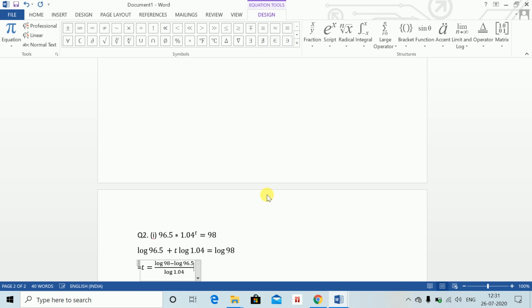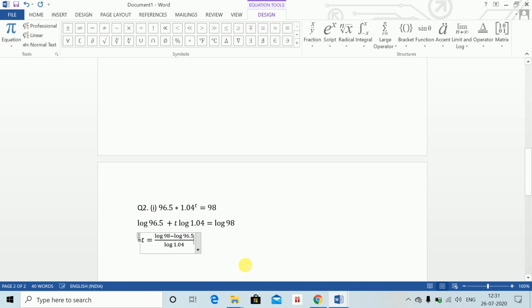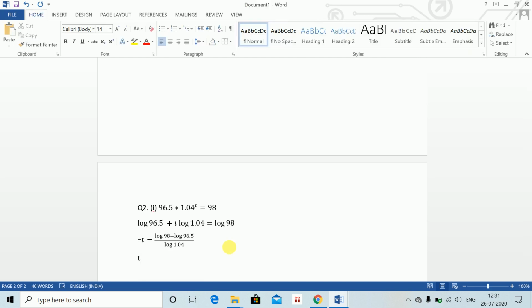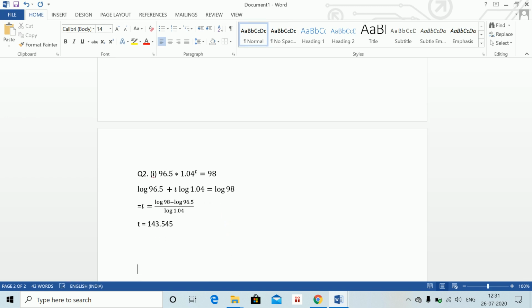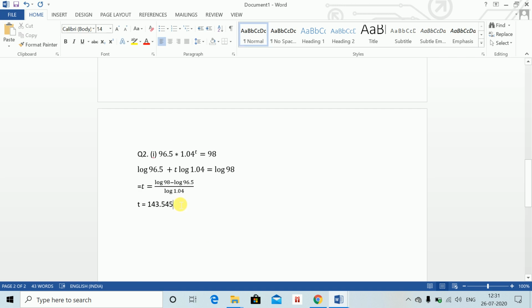After solving this, you will get the value of t equal to 143.545. Obviously, after you convert this to days, multiplying by 365, it is about 144 days.